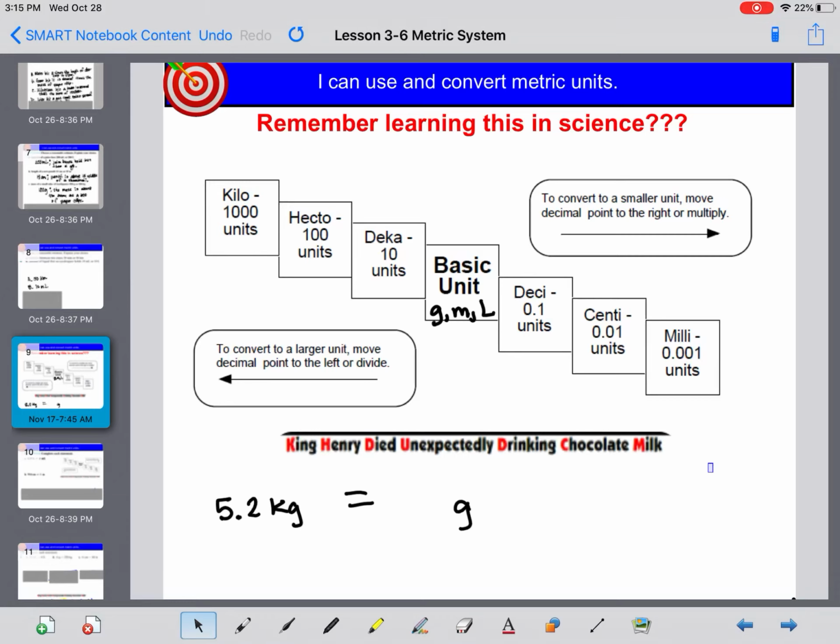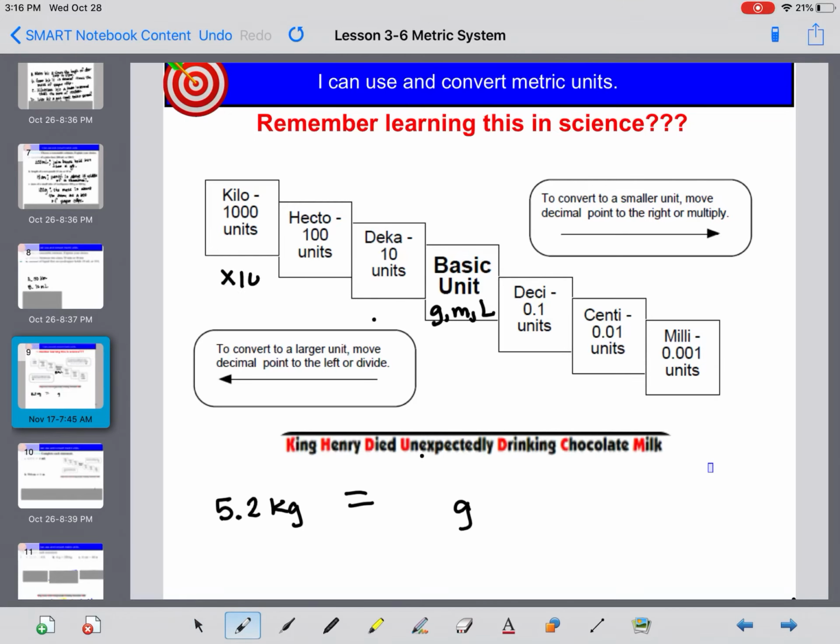Now we're going to talk about converting metric units. So given 1 metric unit, can you give an equivalent amount in a different unit? Remember learning this in science class this year? Hopefully so. And here is where multiplying by multiples of 10 comes in handy.